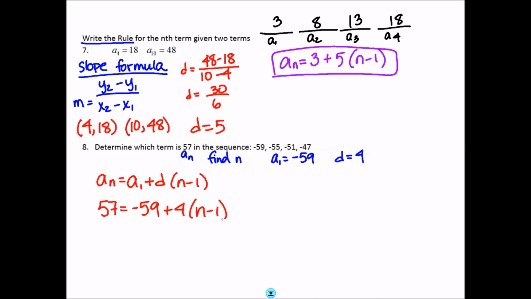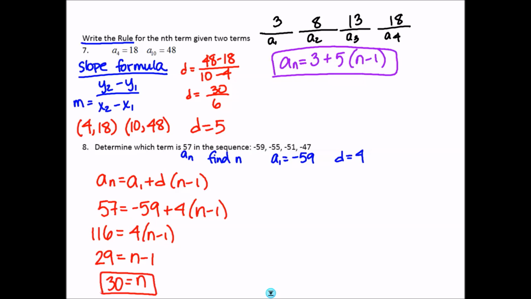So first we need to add 59 to both sides. So that gives us 116. Then we can divide both sides by 4, which gives us 29 equals n minus 1. So n equals 30.